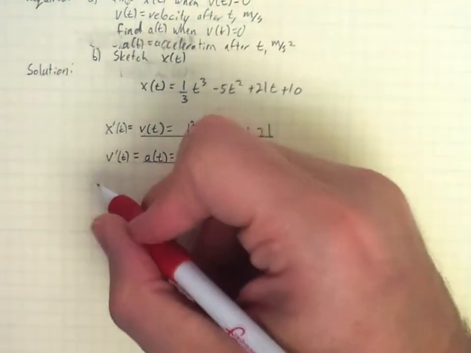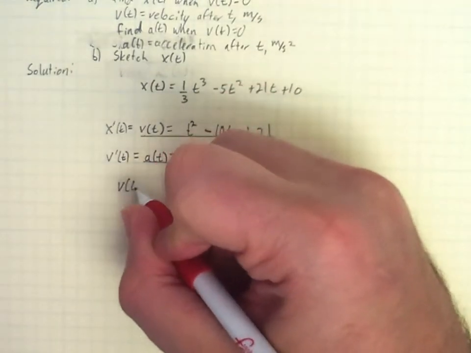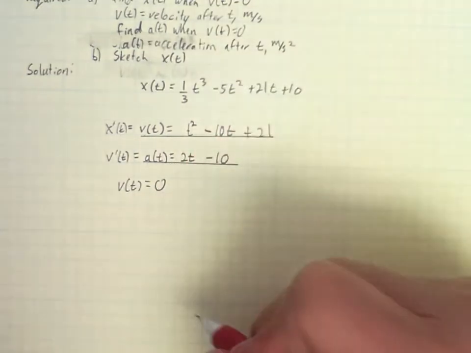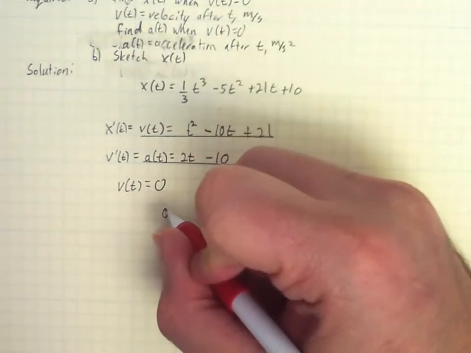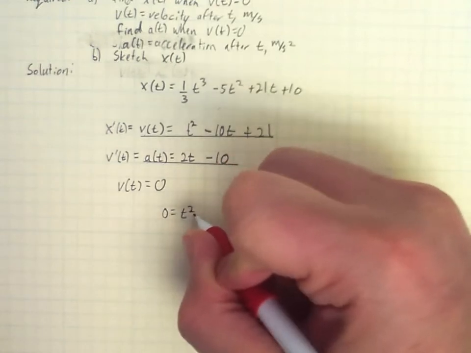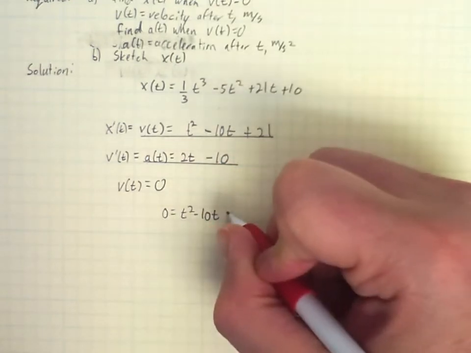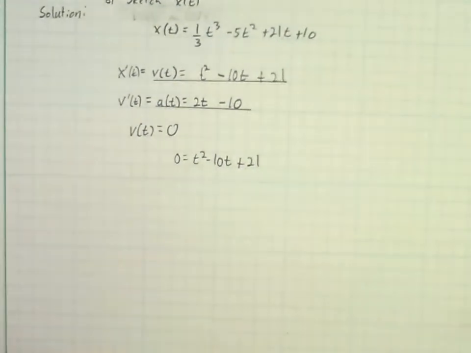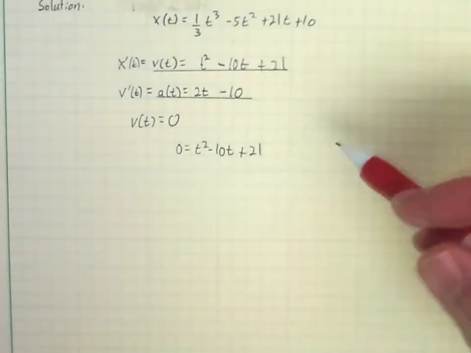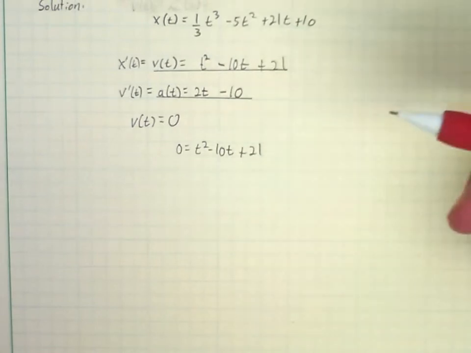All right, so now we want to know v of t equals 0. That means that 0 equals t squared minus 10t plus 21. We can solve that any of the ways we remember back from quadratic functions. Quadratic formula will always work.